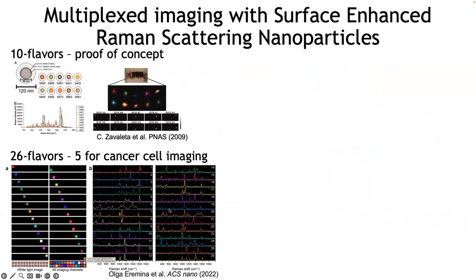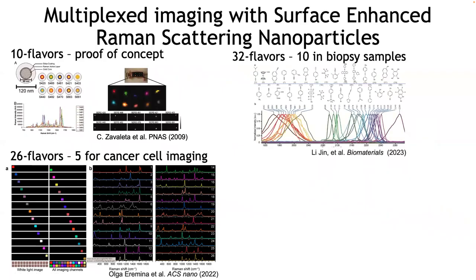And then they used 5 of them for imaging different markers on cells at the same time. Then there was this other paper where they developed 32 different flavors and used 10 of them to image 10 different markers in biopsy samples from a very limited number of patients, ex vivo, but real patient samples.